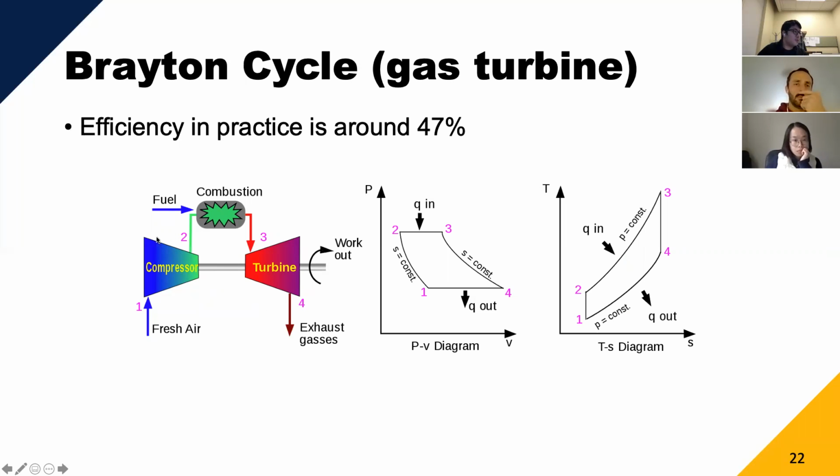And so again, you have your air coming in along with the fuel combusting inside, and then providing the energy to spin the turbine, and you get work out. And then you have these really hot exhaust gases out of the other end. And yeah, so the natural gas does get injected directly into the combustion chamber. That's right.